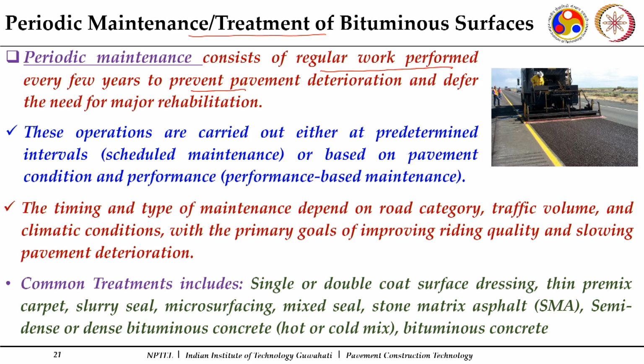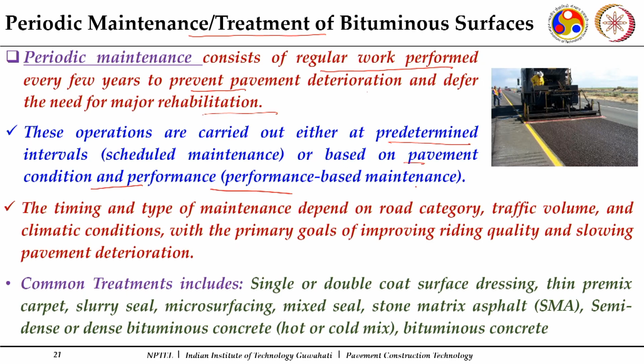So, these are certain regular activities planned at regular intervals of a few years to prevent pavement deterioration and defer the need of major rehabilitation. These operations are carried out either at predetermined, scheduled intervals, or based on pavement condition and performance.